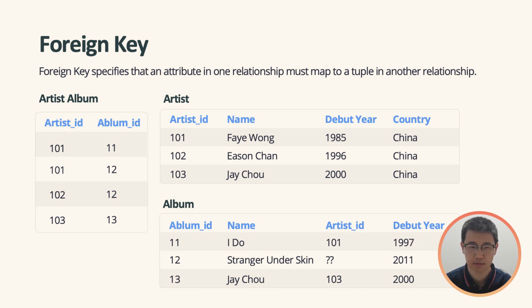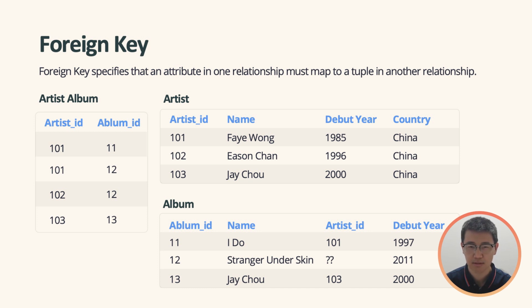One is the foreign key corresponding to the artist, and the other is the album ID, mapping to the album as another foreign key. For example, album number 12 could list both 101 and 102, indicating both Fei Wang and Ethan Chen contributed to it. This table allows the foreign key to correspond both to the artist and the album.